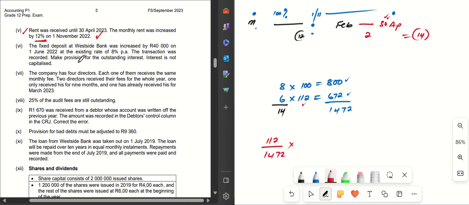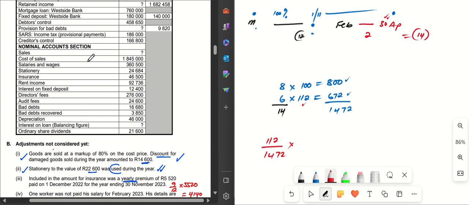Multiply this by the amount that was given in the trial balance, and my rent income, as you can see here, it's 92,736. And if I punch that on my calculator, I am now going to get an amount that is 7,056. But this is for 1 month.